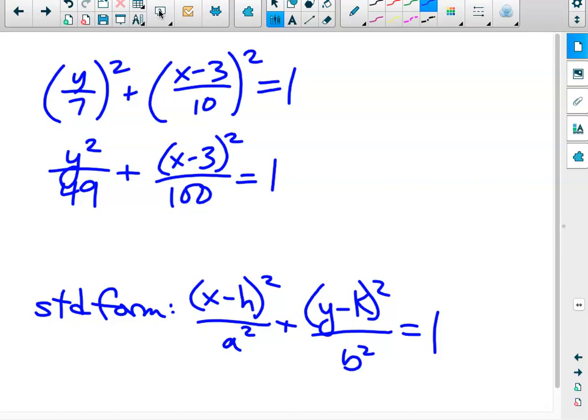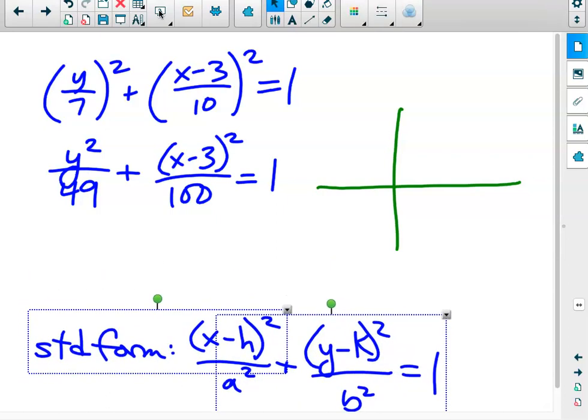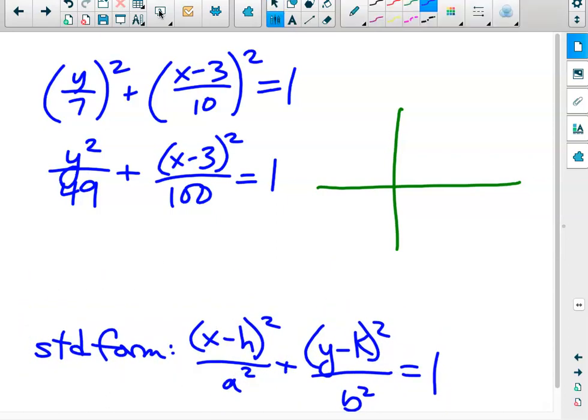Now you're back to what we had done yesterday. So if we were to graph this, they're just trying to throw you off. They put the y first. Sorry, so let's write the x's first: x minus 3 squared over 100 plus y squared over 49.